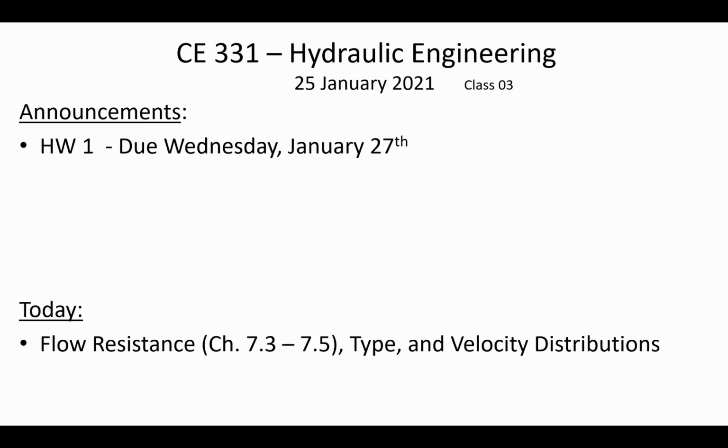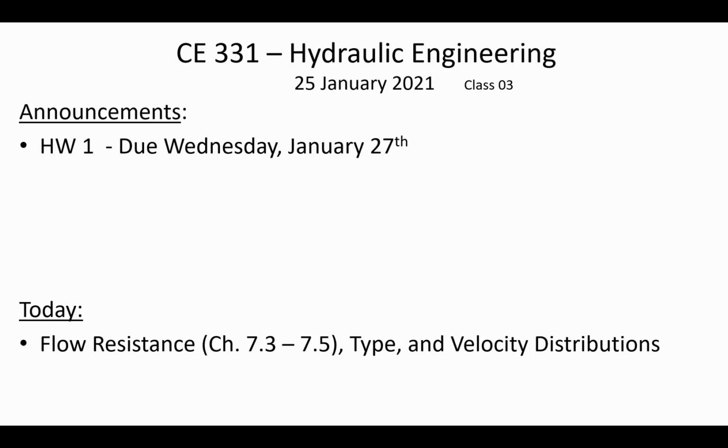All right, so today we're going to continue talking about flow resistance. Remember that in previous classes we've talked about the Moody diagram for determining the friction factor F. We've talked about some of the physical phenomena that account for the fact that there's resistance to flow, and so these empirical equations we have to use to determine how much friction loss there is.